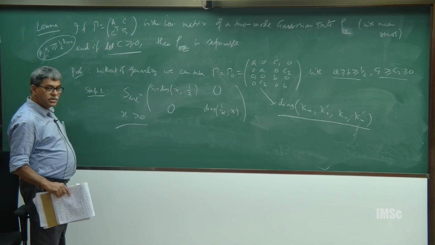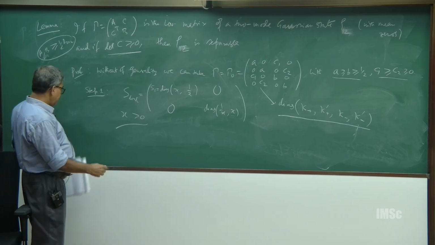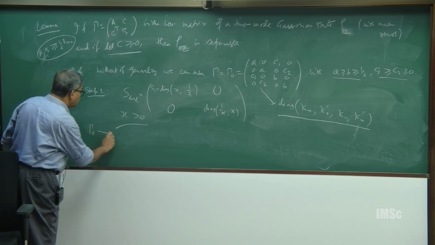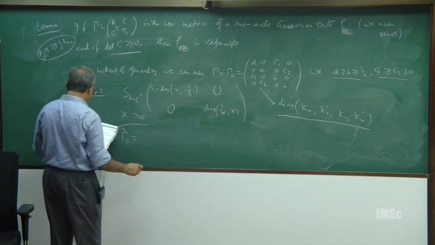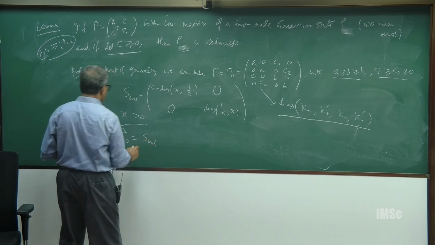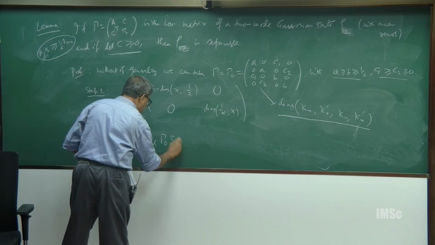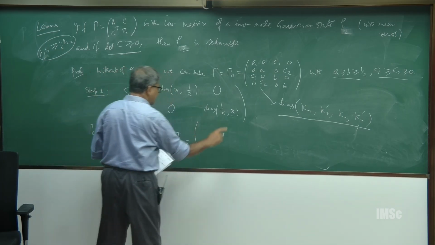Is it clear? Yeah. So, if you do that, then your gamma 0 will go to gamma 0 tilde, which is S local gamma 0 S local transpose, and this if you calculate is easy, is not difficult.